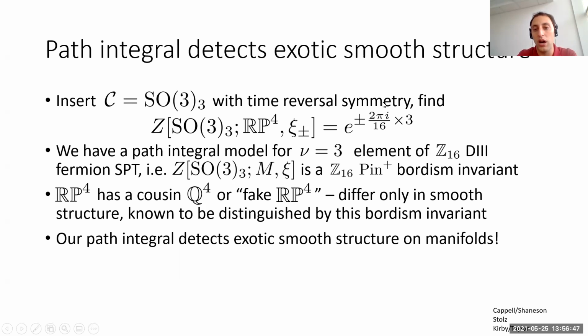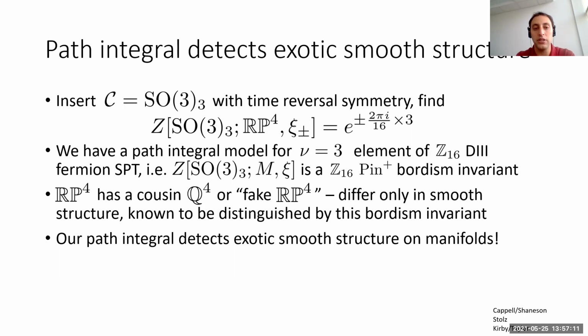So for RP4, we get this number e to the 2 pi i over 16 times 3. And for fake RP4, we would end up with 2 pi i over 16 times 24, I believe.